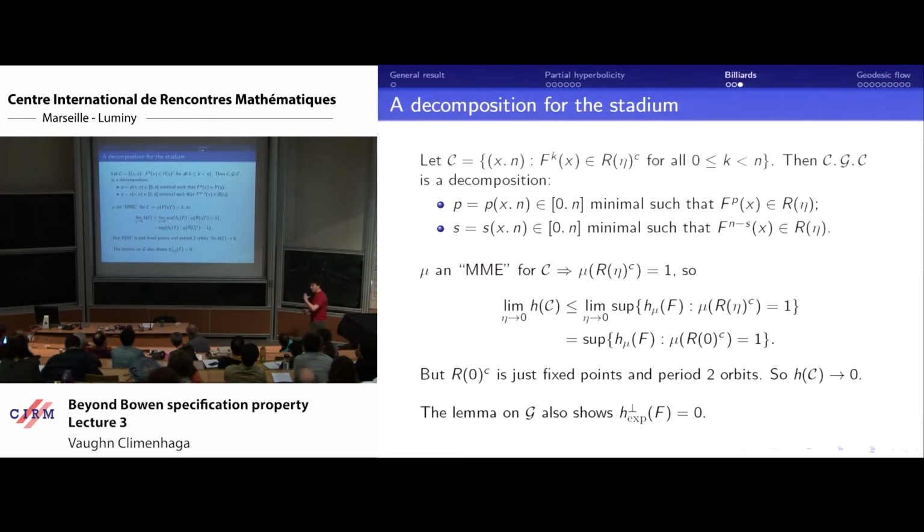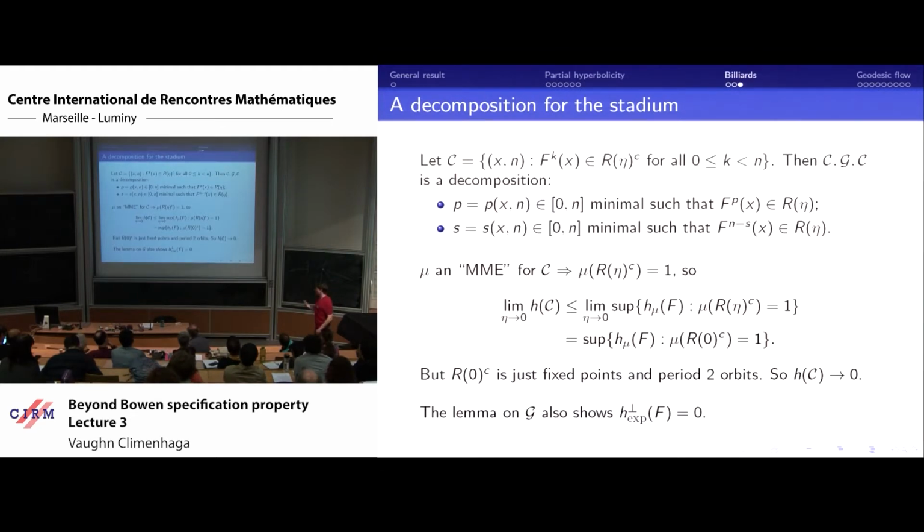So they're either hitting the flat part or they're hitting the curved part with an extremely small angle, or angle very close to π/2 or negative π/2. And then this is a decomposition, because if you have an orbit segment, you simply take the first time at which it enters R, the last time at which it enters R, and that's a good piece in the middle, and the guys on the end are in C. So it's very easy to prove that this is a decomposition.